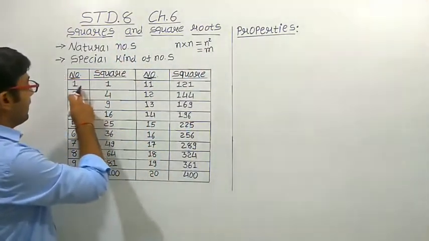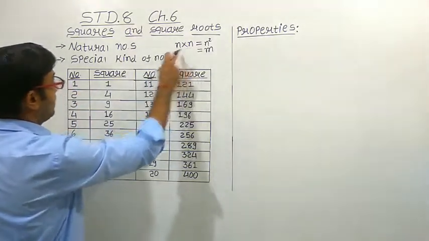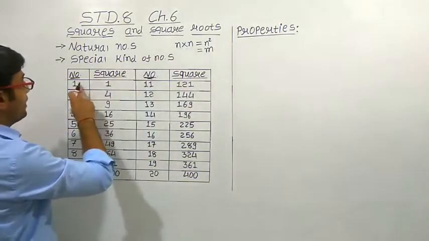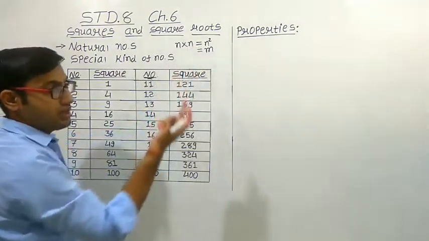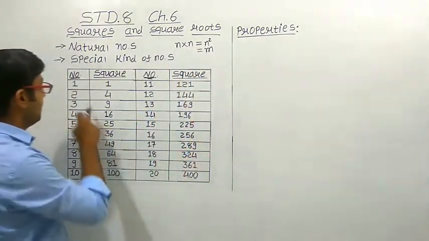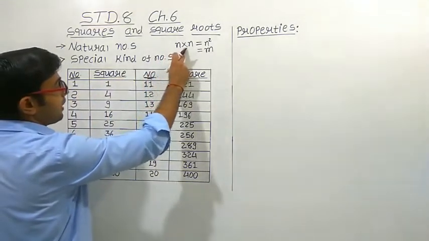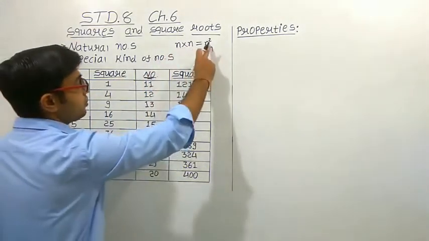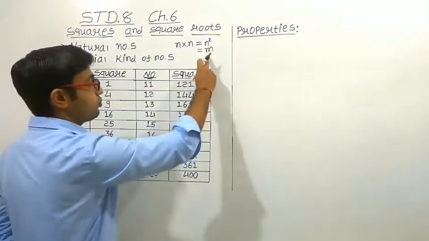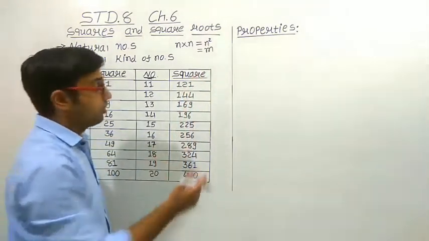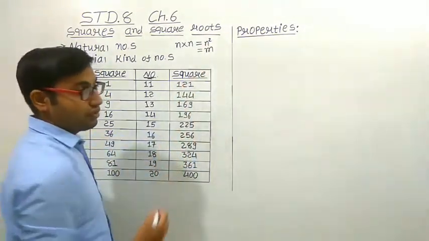So when we apply this formula for the numbers, what do we get? 1 into 1. What is that? 1. Let us find out the square of 2. 2 multiplied by 2, that is 2 square. And 2 square is what? 2 2s are what? 4. So here in place of m, what do we get? 4.